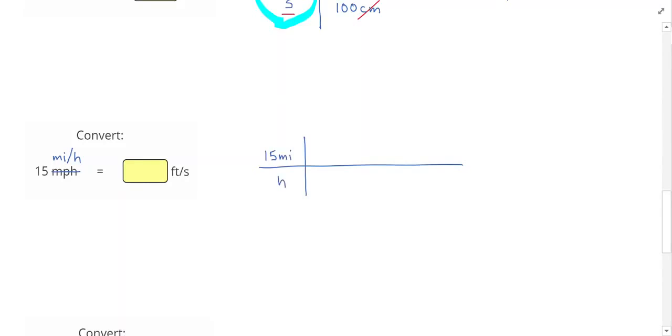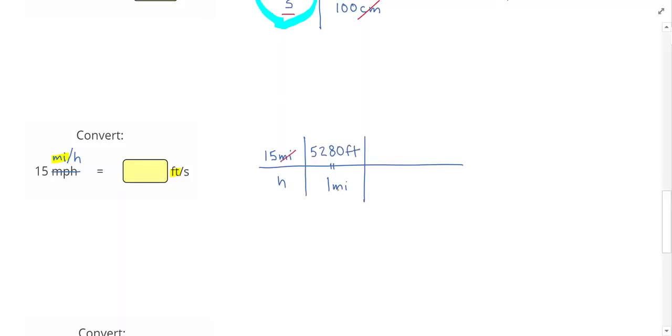I know I need to change, in this problem, miles into feet. So let's go ahead and do miles into feet. So I know that there are 5,280 feet in a mile. So those will go on the top and bottom of the next step of my train tracks. Since I had miles on the top, I'm going to put 1 mile on the bottom. And that 1 mile is equal to 5,280 feet.